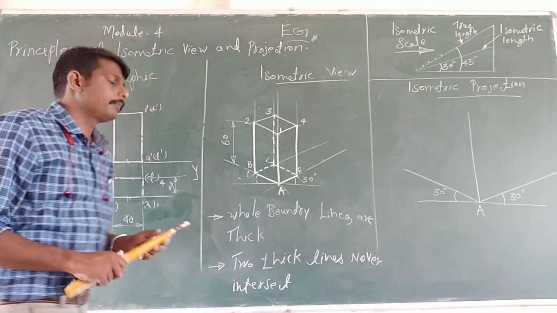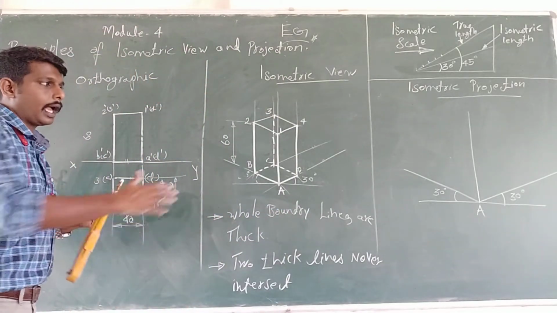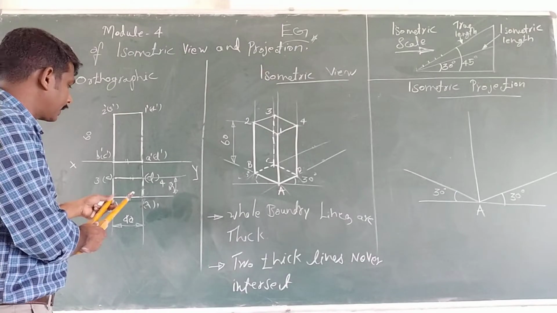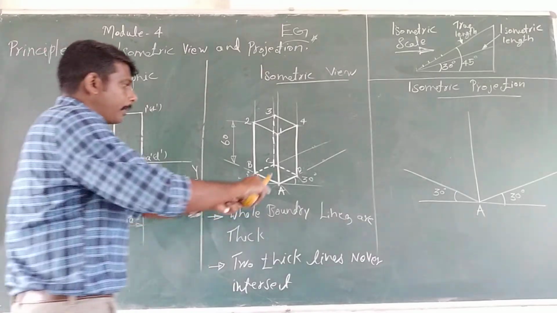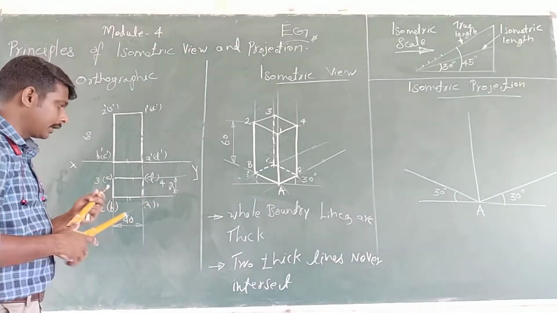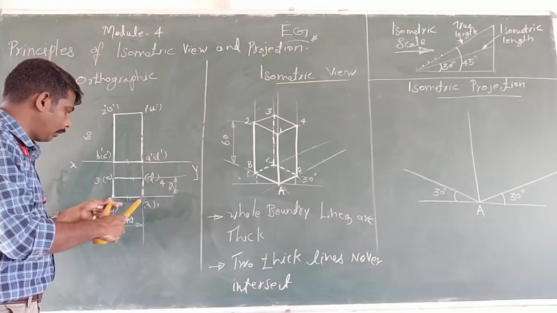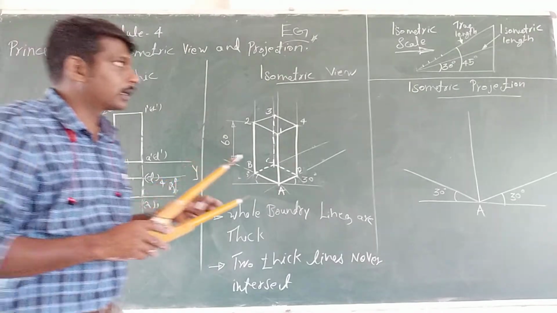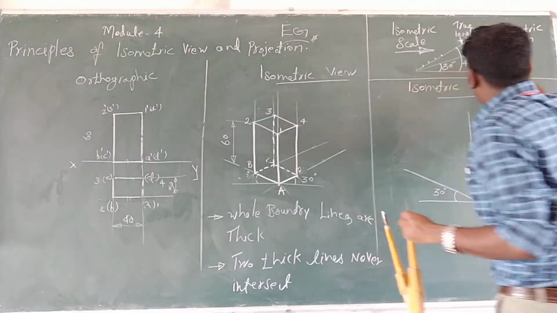For drawing the isometric view, we simply take the length and mark the distances. But in isometric projection, we take the length A to B and convert it to isometric length.